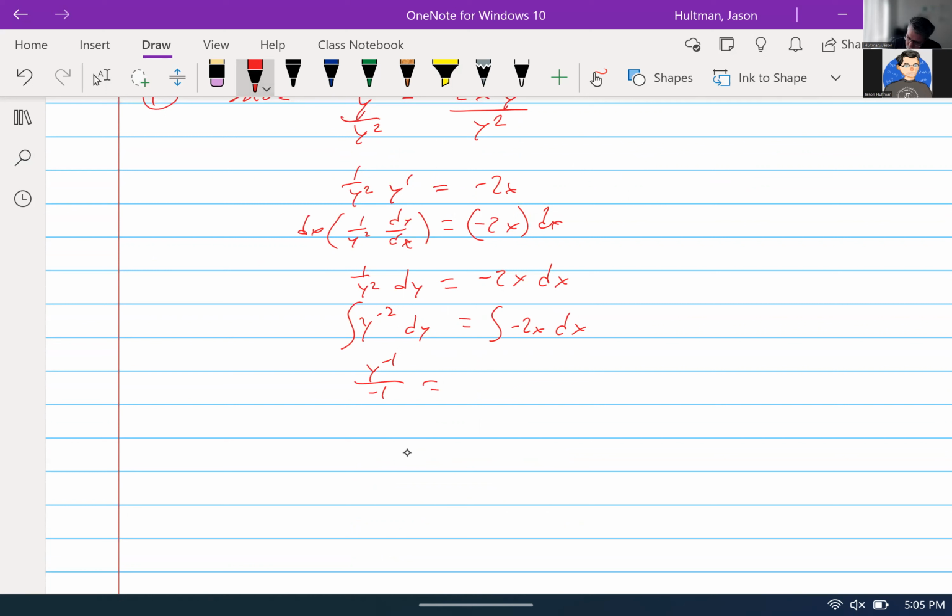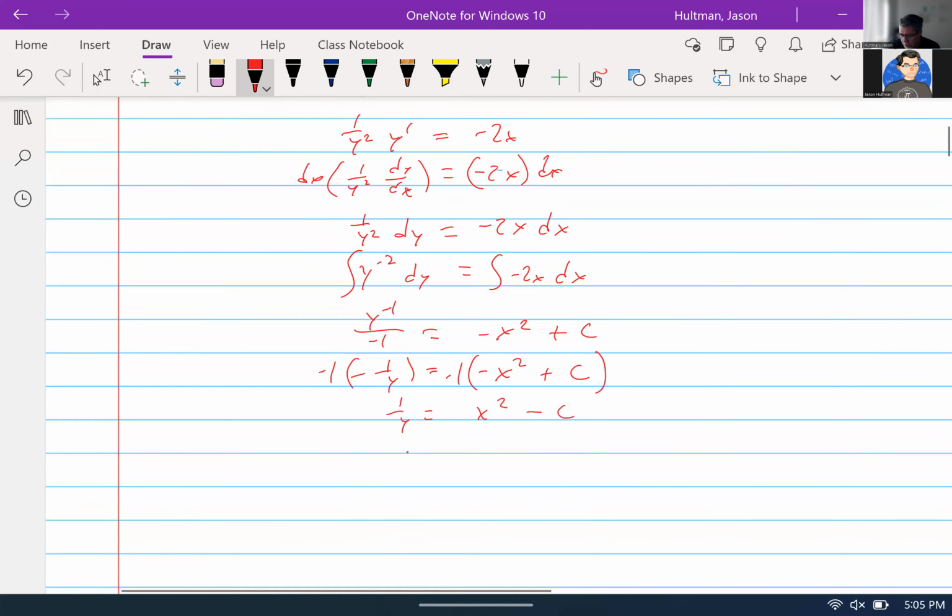This is going to be equal to, integrating this, negative x squared, and then plus c. So this becomes negative 1 over y is equal to negative x squared plus c. Then I can multiply through by the negative 1, and I get 1 over y is equal to x squared minus c.